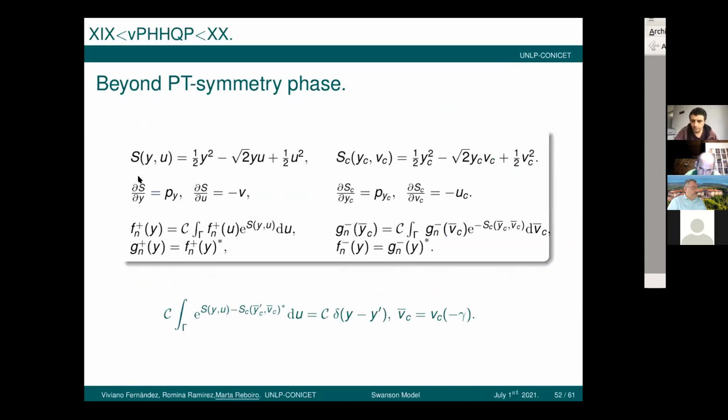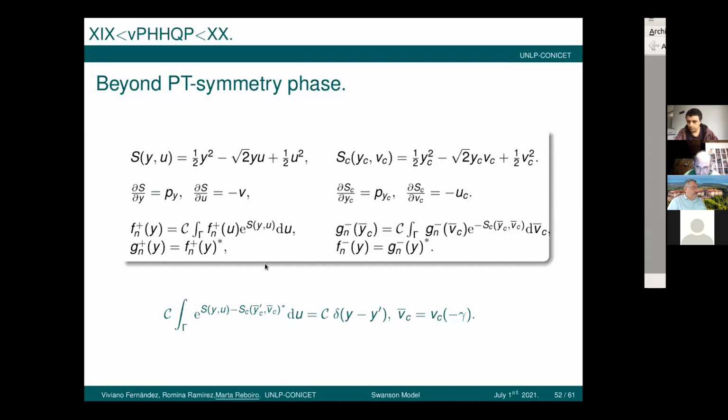We have these relations in terms of this generating function between the variables y and p and b and u, and we can construct the corresponding representation of the eigenfunctions in the whole set of variables by making this integral.